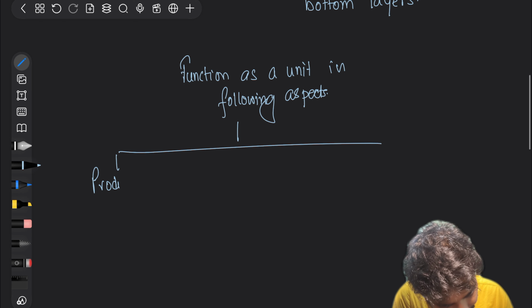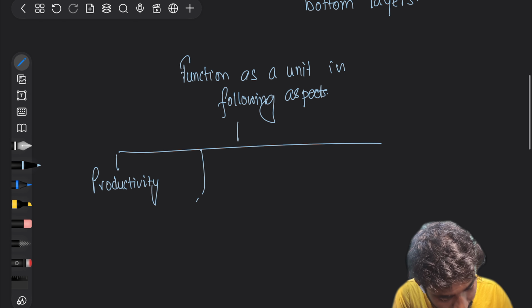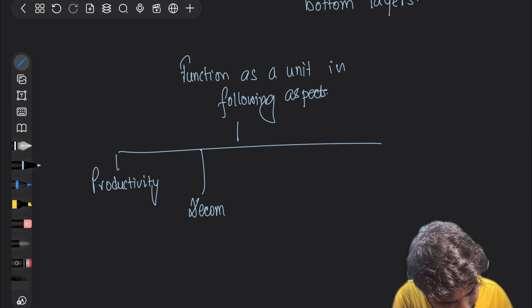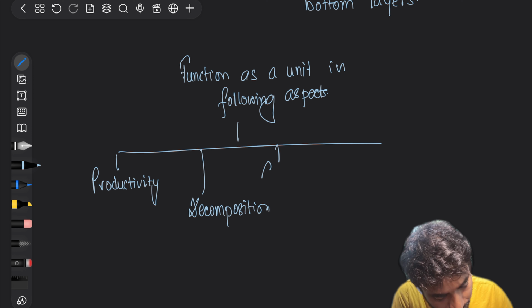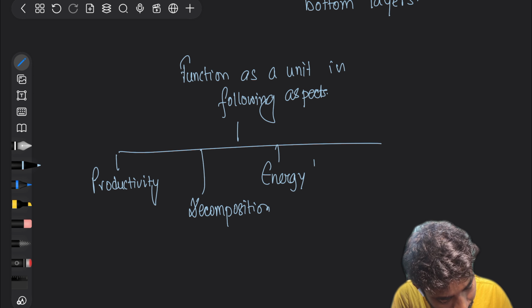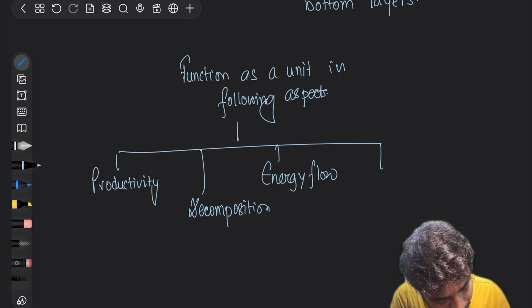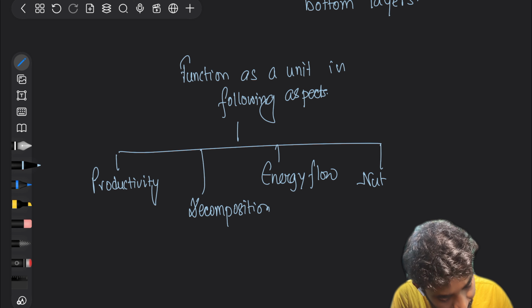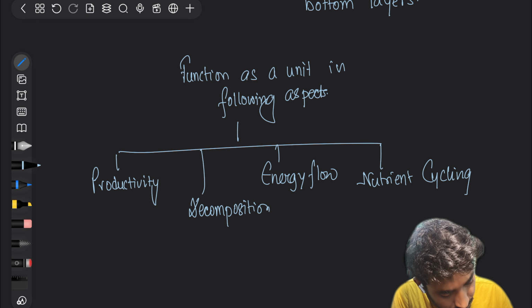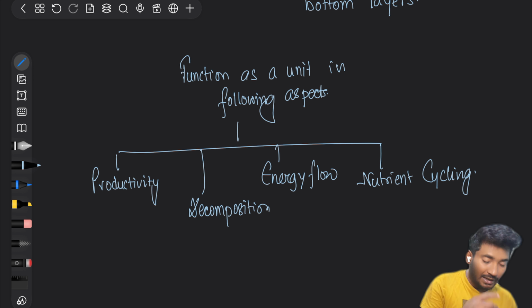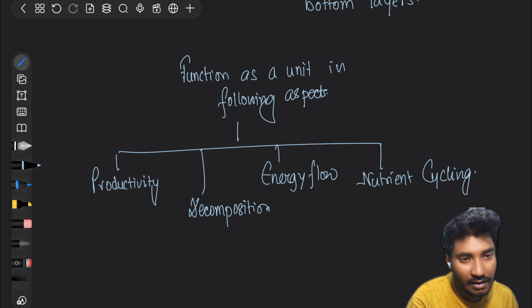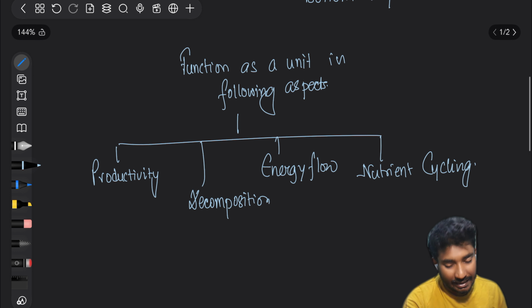One is productivity, then decomposition, third is energy flow, and fourth is nutrient cycling. The third and fourth are energy flow and nutrient cycling.